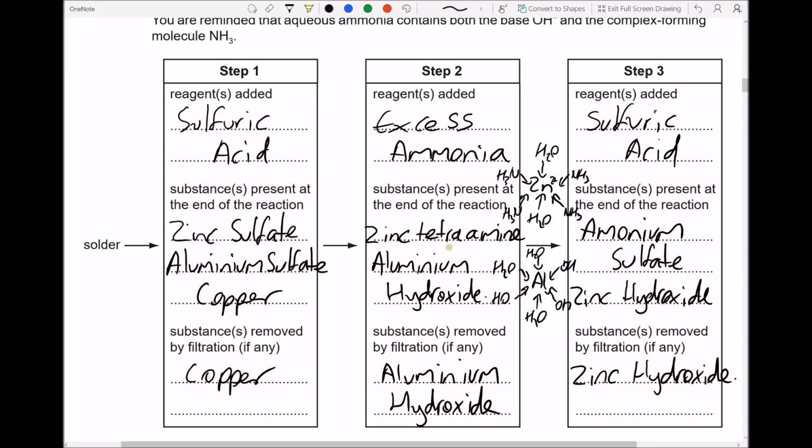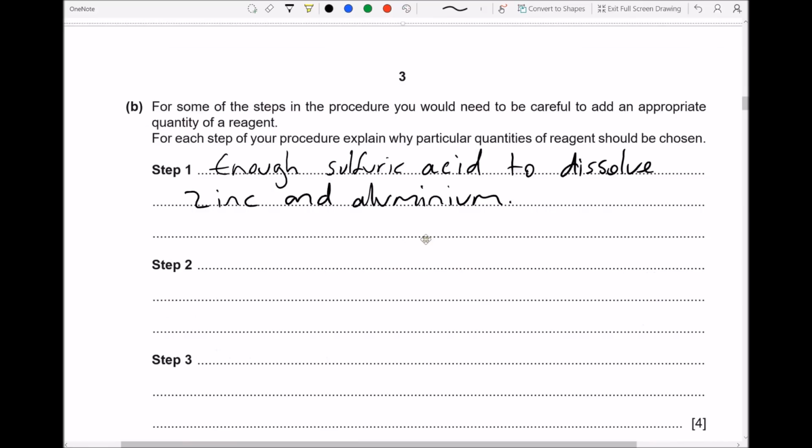So we need to effectively make sure that we add enough to form aluminium hydroxide, this precipitate, but enough to effectively get rid of this as well, this zinc hydroxide. Because remember, the ammonia can act as a base, so we need to keep adding until we've got to this state here. So we've got ligand exchange. Okay, so let's just go back.